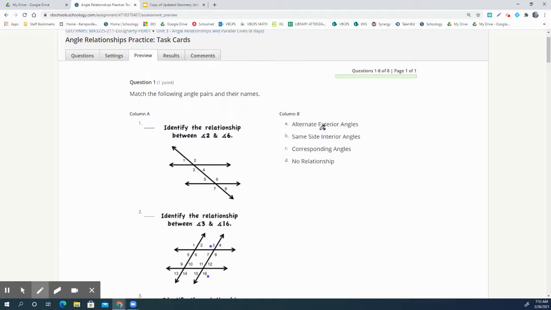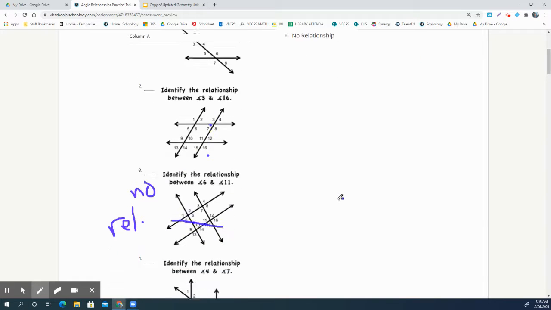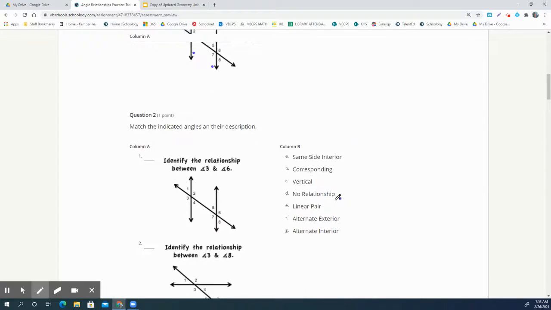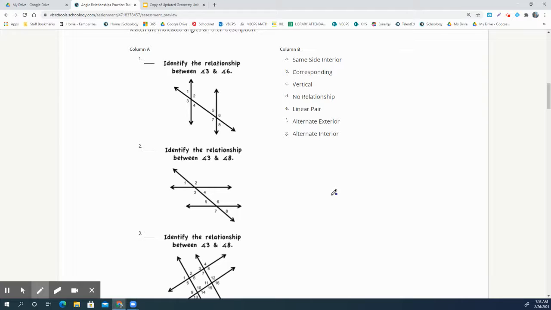So whatever same side interior is. I want to do a couple more together and then I'll give you some time to work on it by yourself while I do attendance. If we're going too slowly for you, move ahead. You don't need to stick with us. If we're going too fast, call me out and let's pause.